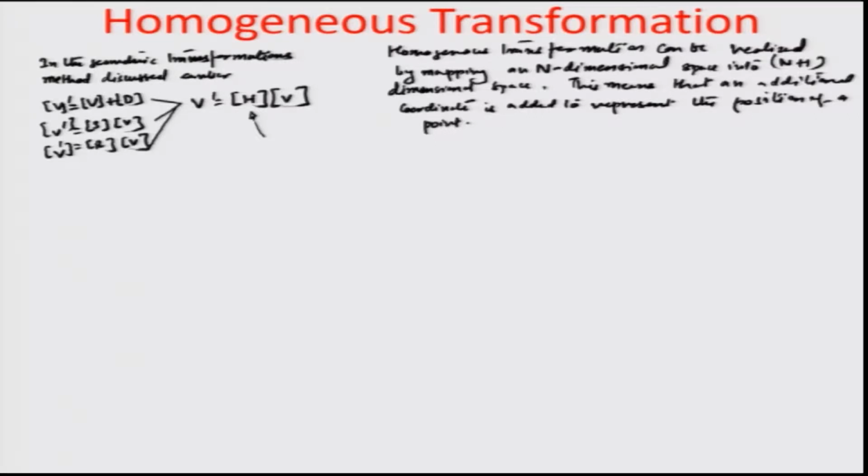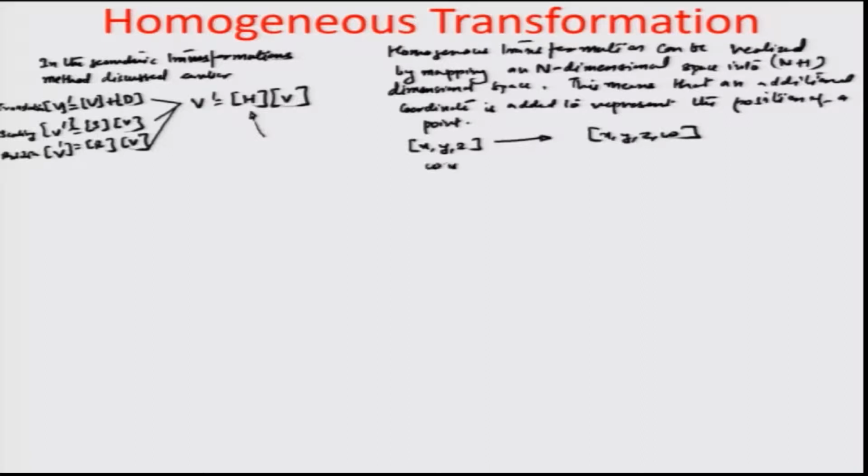Let me just write down the operations just for the sake of it. So, this is translation, scaling, rotation. In fact, what we are asking here is to convert x, y, z into x, y, z and w.